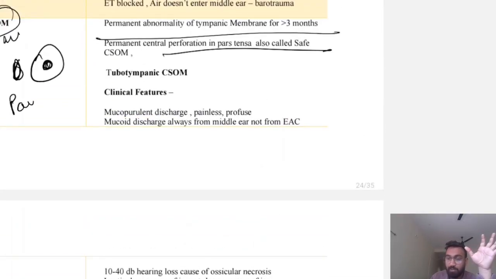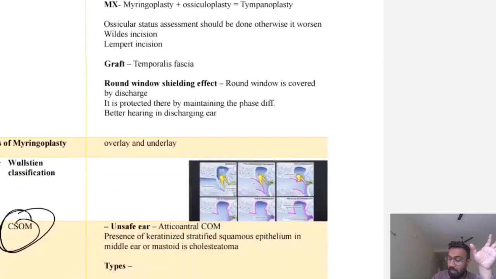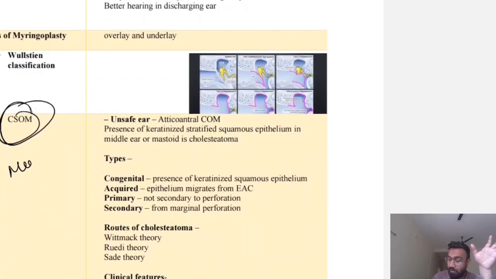Perforation in pars tensa is better than perforation in annulus, because pars tensa can heal. So it is chronic mucosal otitis media. It is known as safe here. Okay. And in case of marginal perforation, it is chronic suppurative otitis media.